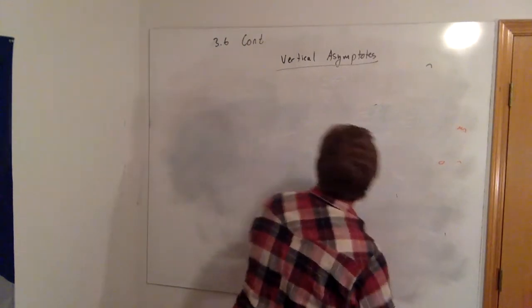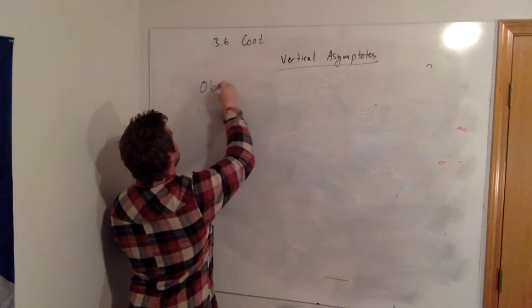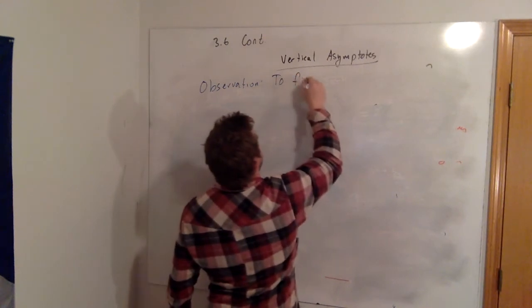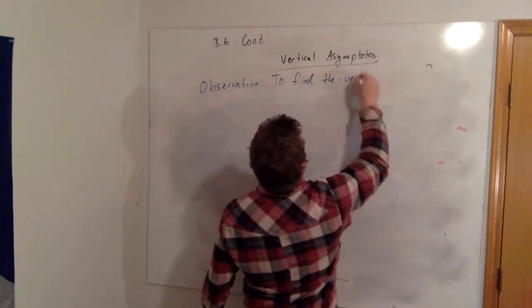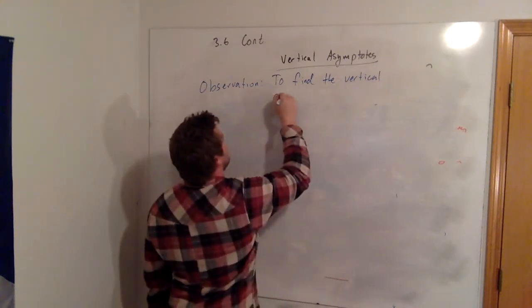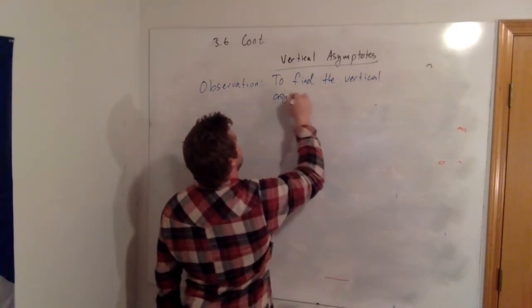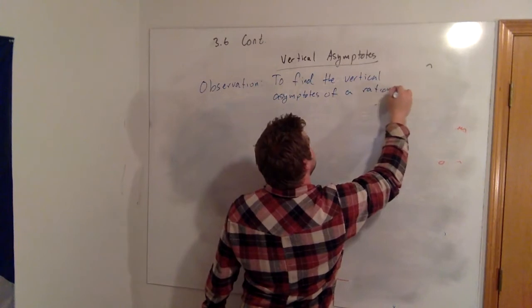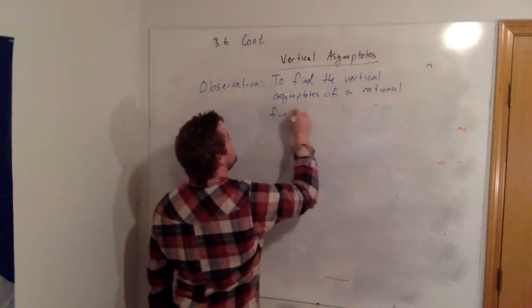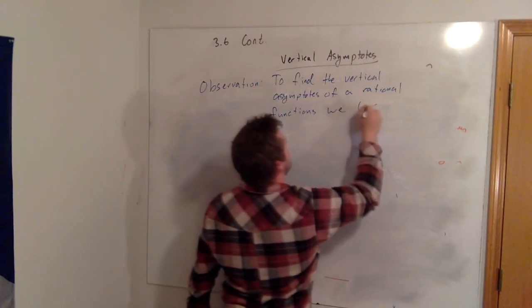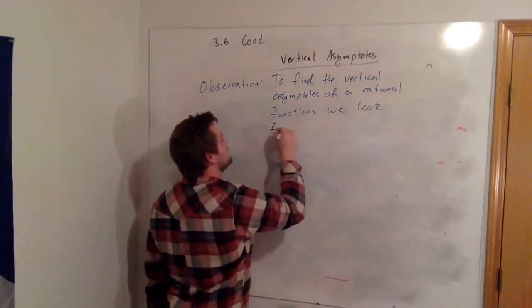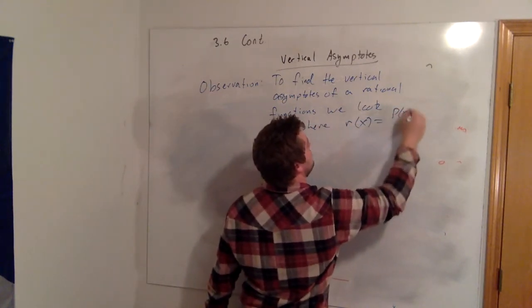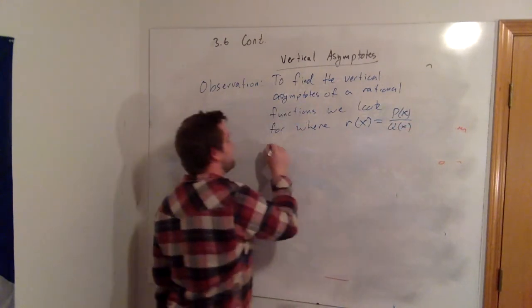Okay, observation. To find the vertical asymptotes of a rational function, we look for where r of x, a rational function r of x, remember it's a polynomial divided by another polynomial, is undefined.